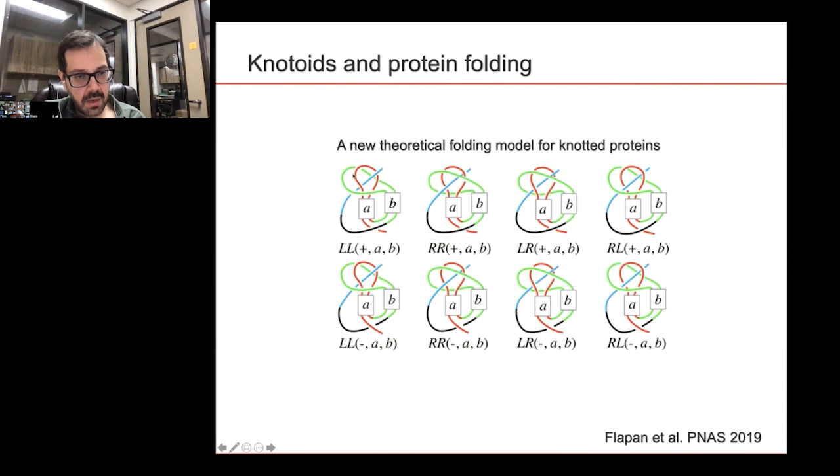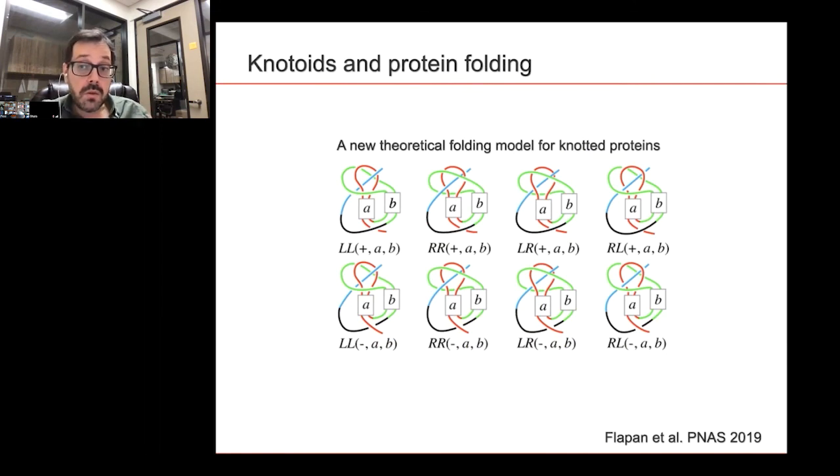So it's red and green, the left part of the loop and the left part of the loop. Then the plus is what kind of crossing the black and the red always make. And then you have A and B, which is how many twists you add here. Okay. And her theorem says that these are enough to get all possible knots in proteins. Okay, so it's cool.